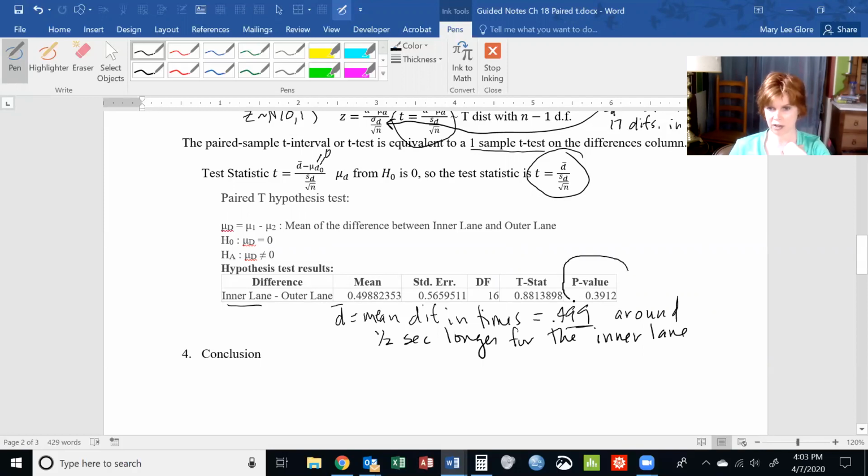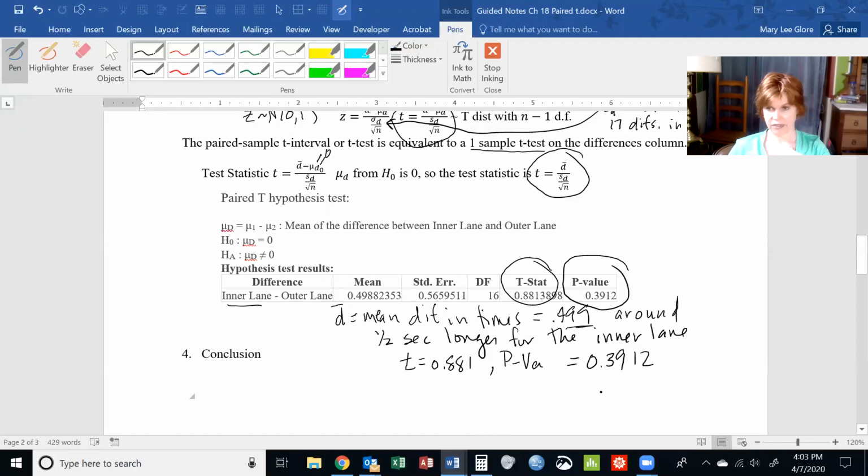And here's my p-value, and here's my test statistic. The test statistic is t equals 0.881. You need 3 decimals. And the p-value is 0.3912.